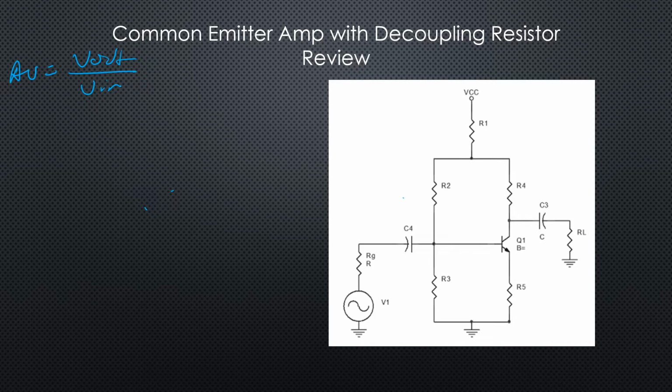I'm going to define V out and V in, and then you can put those back into the formula after. When we're looking at V out, we're looking at using IC, the collector current here, and we're looking for the AC resistance that's hanging off of that collector.